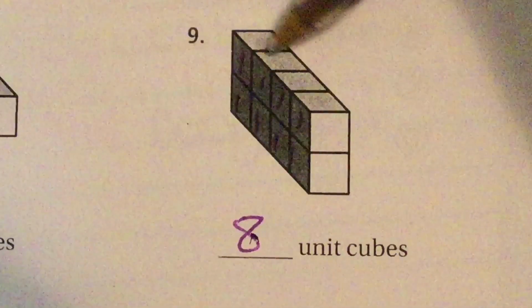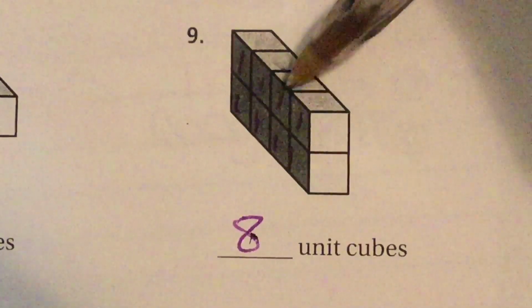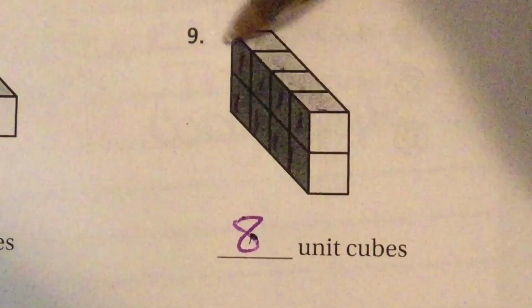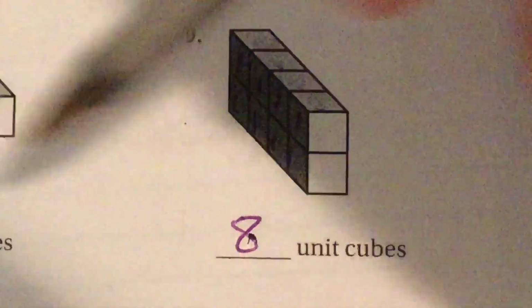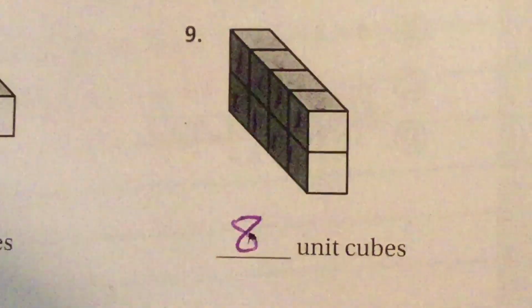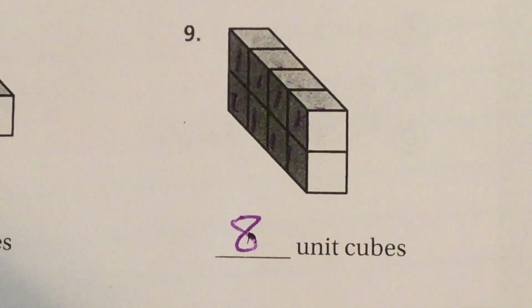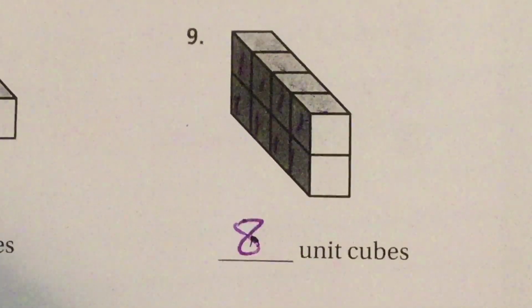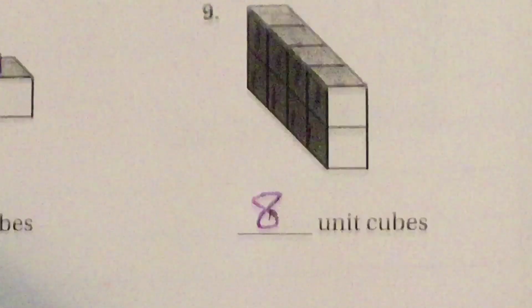So 1, 2, 3, 4. Notice I'm not counting the bottom, the face that's facing out that way, and the top face. I'm only counting one side of the face. Because if I count it twice, then I'm making it bigger than it is, right?